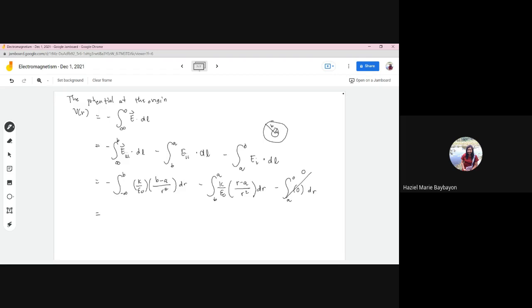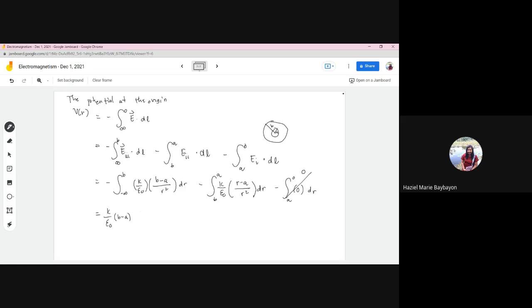All right, so let us just evaluate these two components sa itong potential since the last component is 0. So, we have K over epsilon naught. We can actually take out B minus A. These are constants.